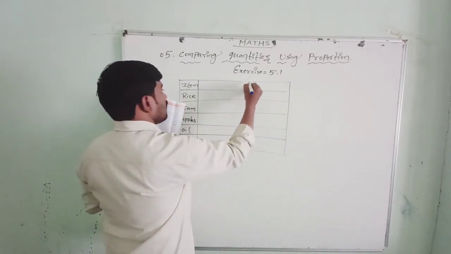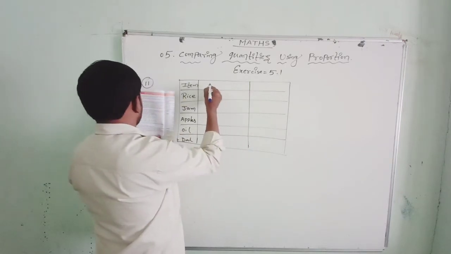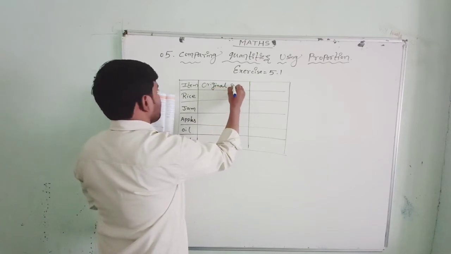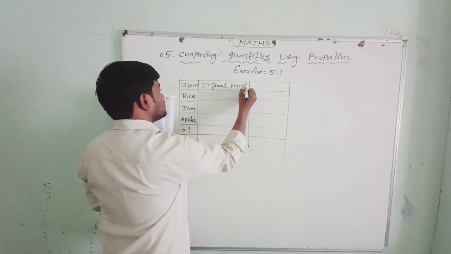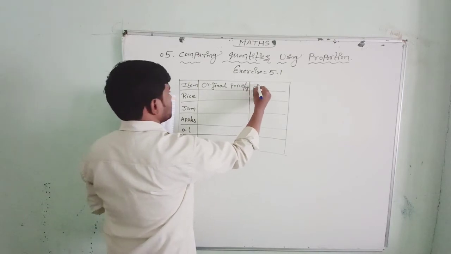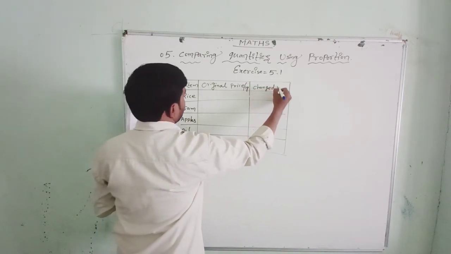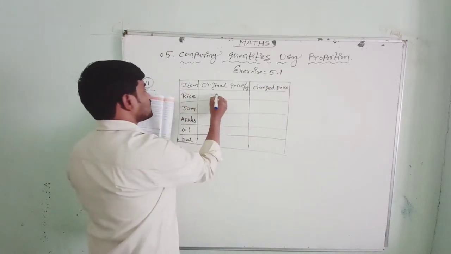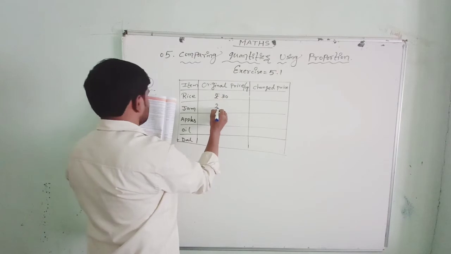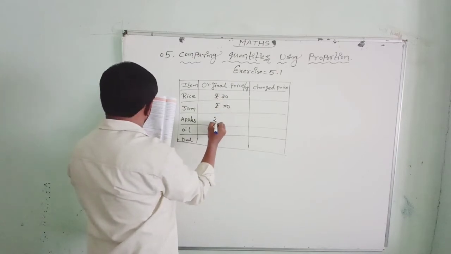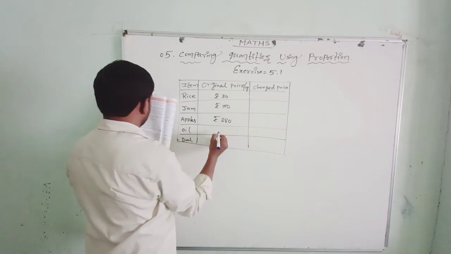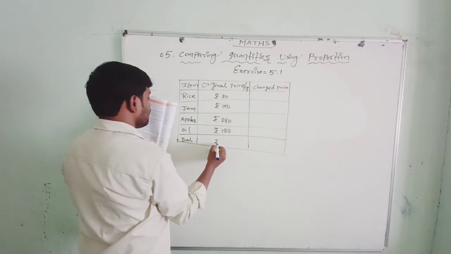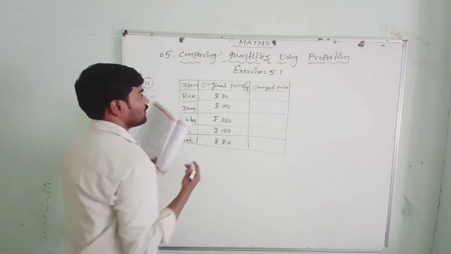Then original price per kg, and changed price. Here the original price of rice is 30 rupees, jam is 100 rupees, apples are 280 rupees per kg, oil is 120 rupees, and dal is 80 rupees.